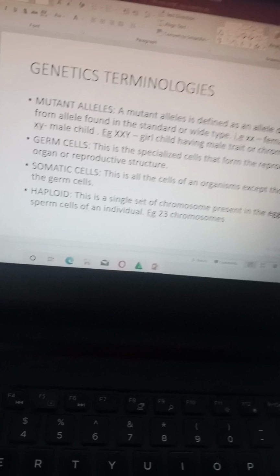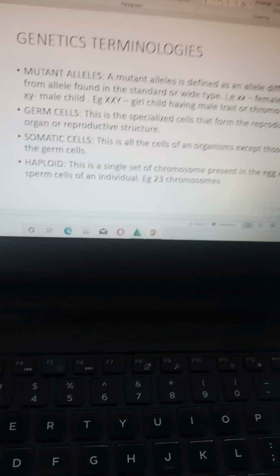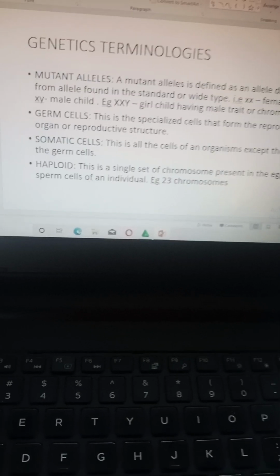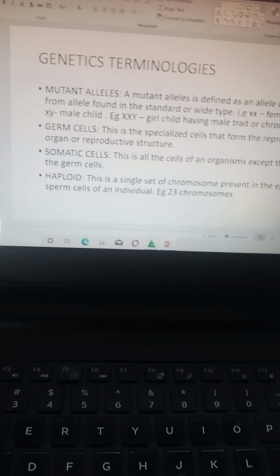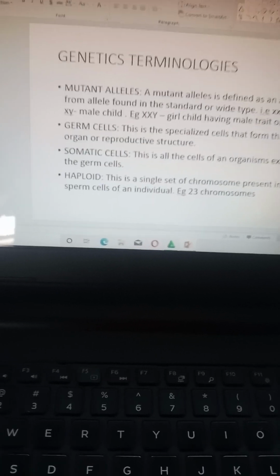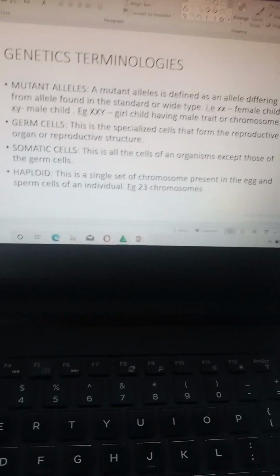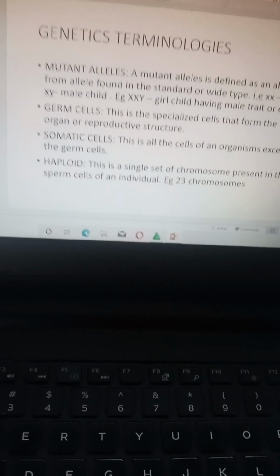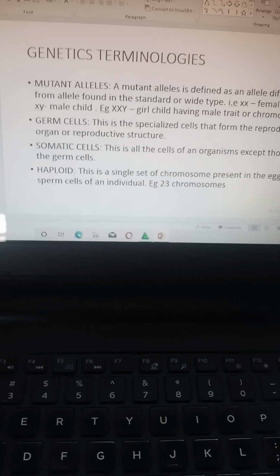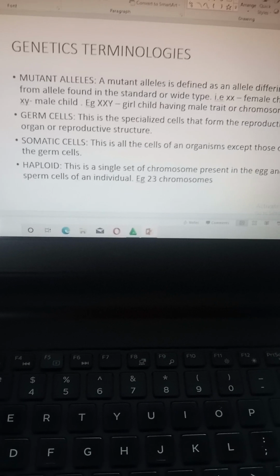Okay, quickly let's go to the germ cells. Germ cells are the specialized cells that form the reproduction. You always hear me talk about germ cells and somatic cells. Germ cells are found in reproductive organs. The somatic cells are all the cells in an organism except the germ cells.